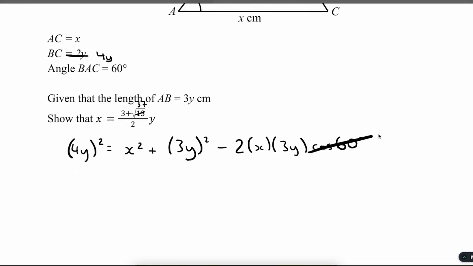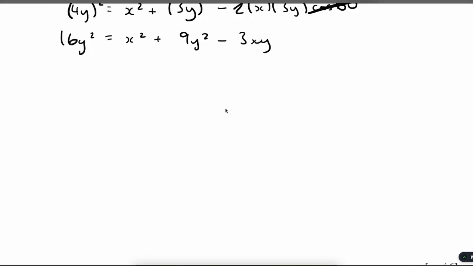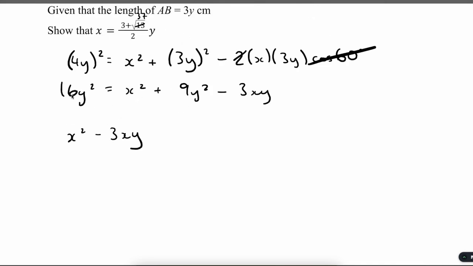So cosine 60 is half, so that cancels with the 2. So we've got 16y squared equals x squared plus 9y squared minus 3xy. Now we're going to subtract that onto the other side. So we get x squared minus 3xy, and then we'll subtract that, so that makes minus 7y squared equals 0.